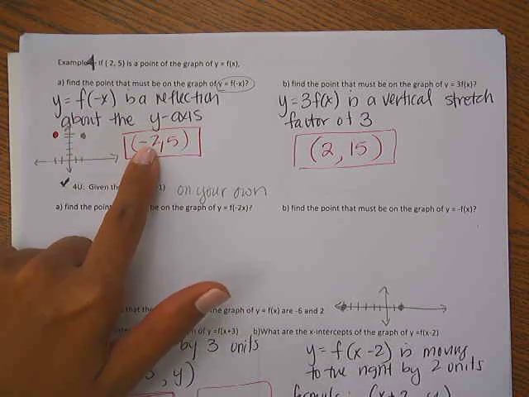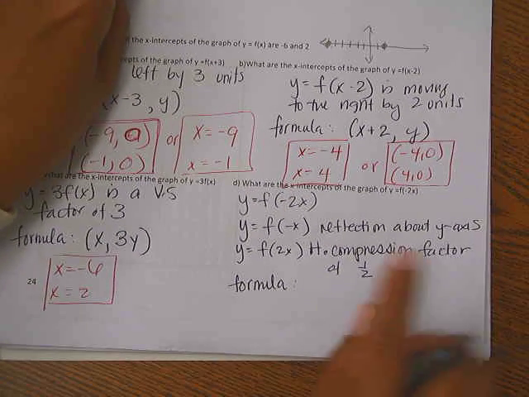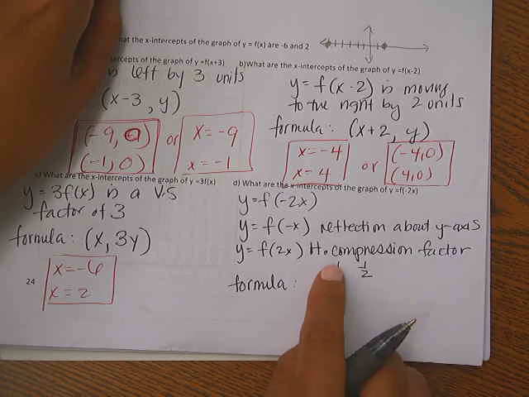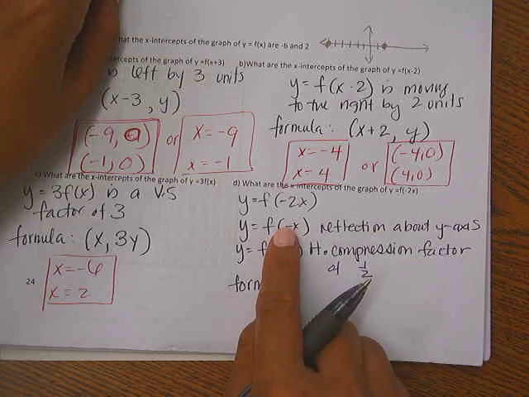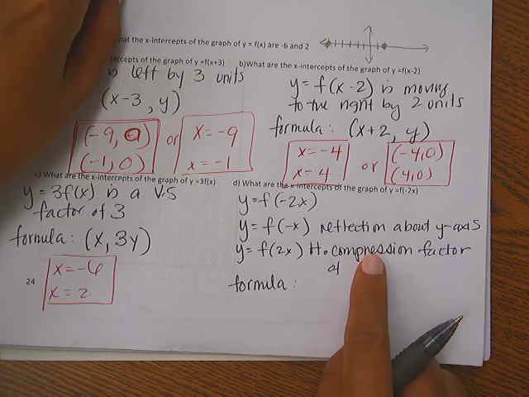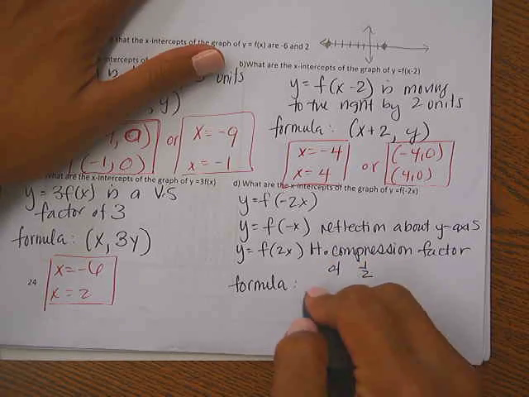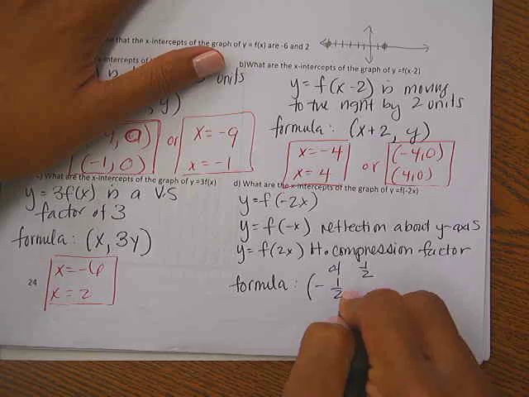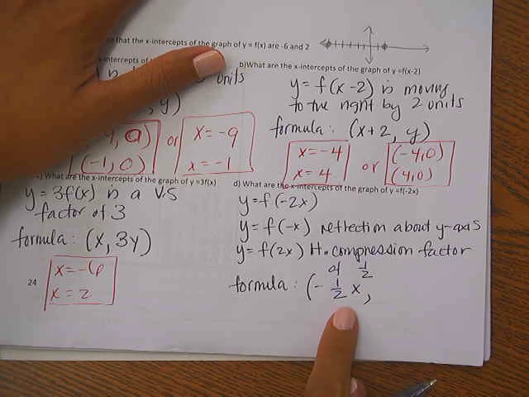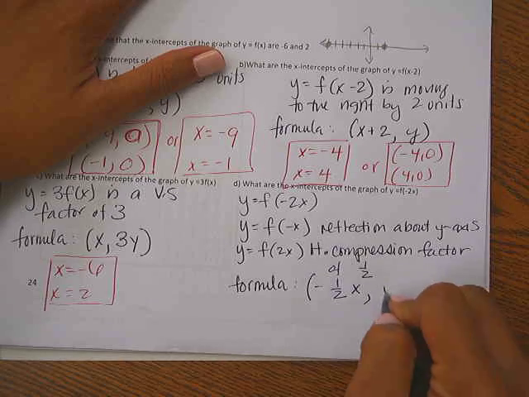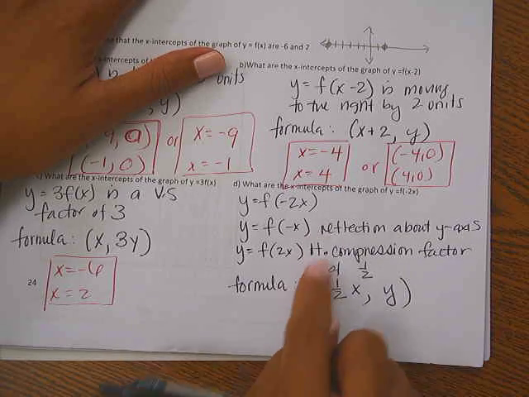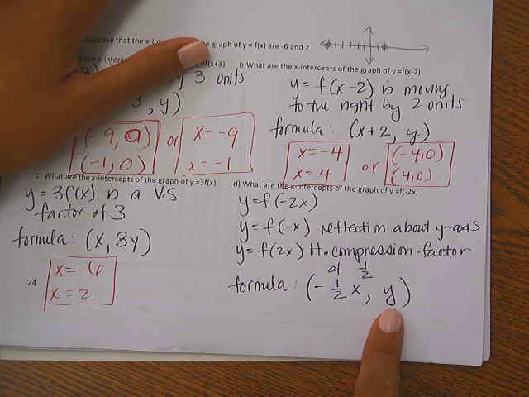So I'm going to take my x and multiply by negative. And then I have a horizontal compression factor of 1/2, so I'm also going to multiply the x by 1/2. So when I put the two pieces together, I'm really going to take all my x values and multiply by -1/2. Because these are both horizontal, this is not going to change.